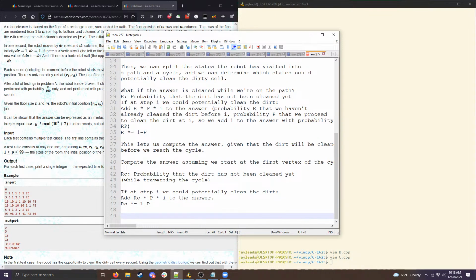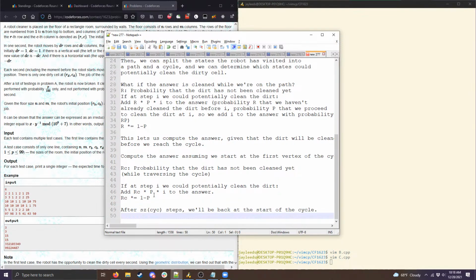Now the trick for the cycle is that after the size of the cycle steps, we'll be back at the start of the cycle. And so at this point, the answer for the cycle is going to be equal to, let's say this thing is called value, and value is essentially the contribution of one loop around the cycle.